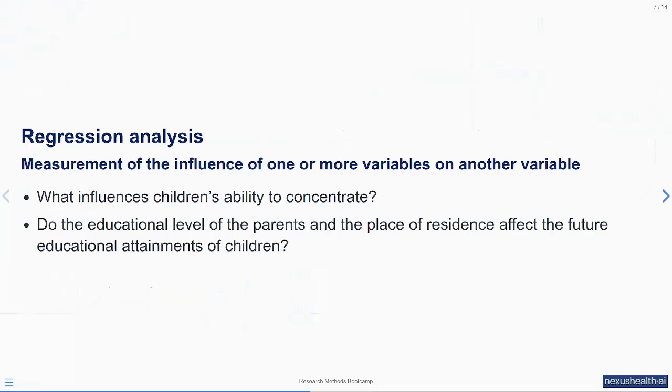So, regression analysis can be used to measure the influence of one or more variables on another variable, and this is essentially what we're talking about. Examples are, perhaps we're looking at things that influence a child's ability to concentrate, and so we may ask whether the educational level of the parents and the place of residence affect future educational attainment of children.